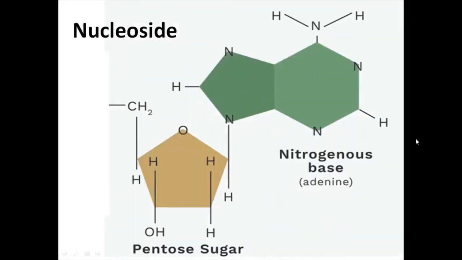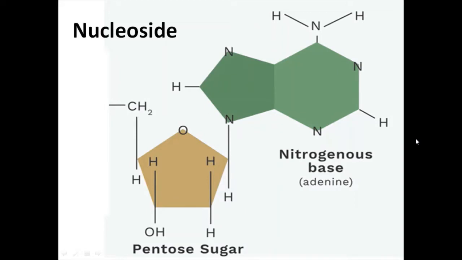Nucleosides. A nucleoside is a structural subunit of DNA consisting of a molecule of sugar linked to a nitrogenous base. The sugar and nitrogenous base are connected through a beta-glycosidic linkage.